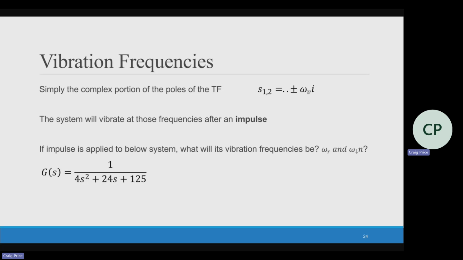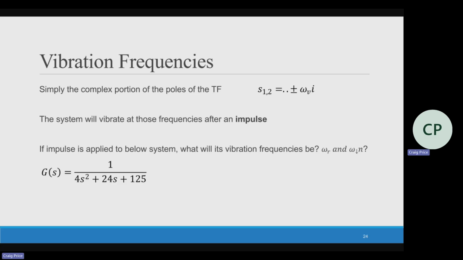So this is the only time where we're going to see it's not a sinusoidal input. I'm just hitting it. So with an impulse, what will those frequencies be? And this can also tell us about the system. Captain America's shield. What's it made out of? Vibranium.